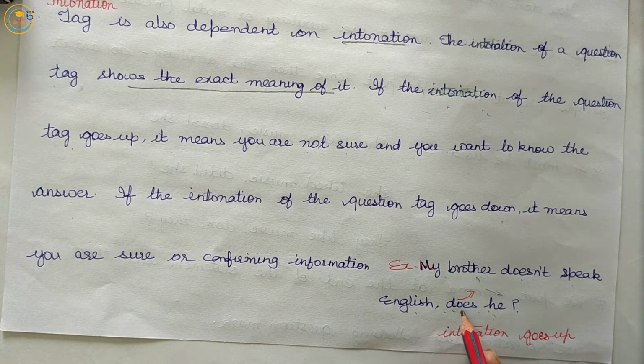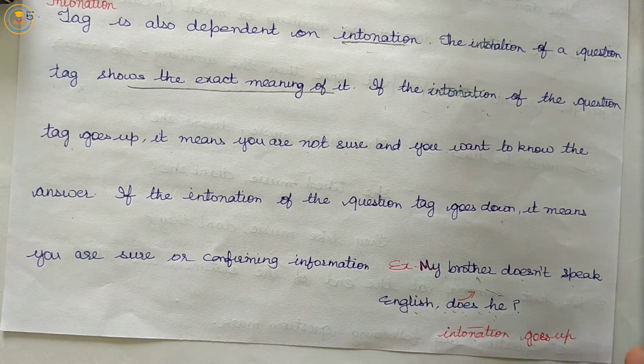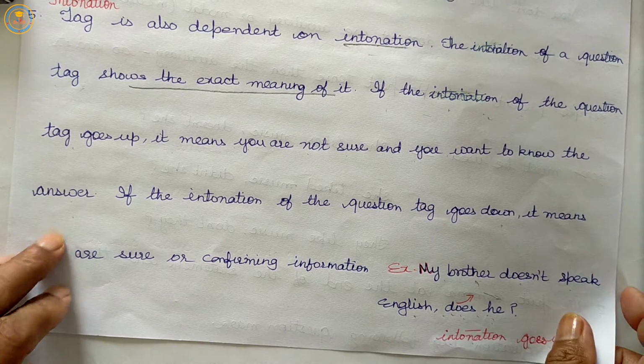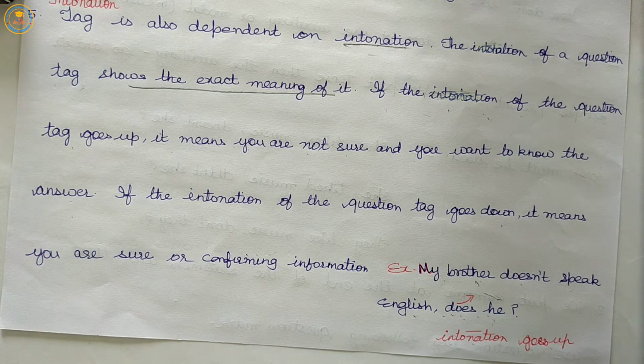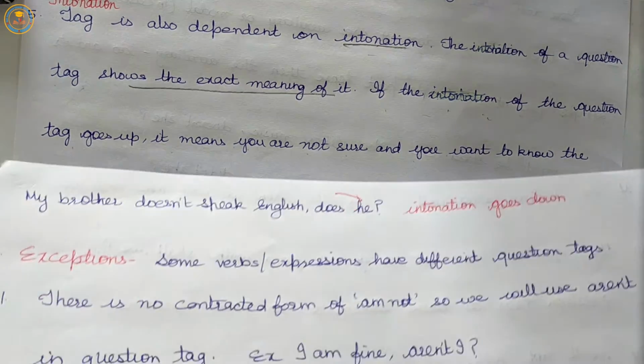And if it goes down, then it means we are sure or confirmed about the answer. Let me explain it to you with an example here.